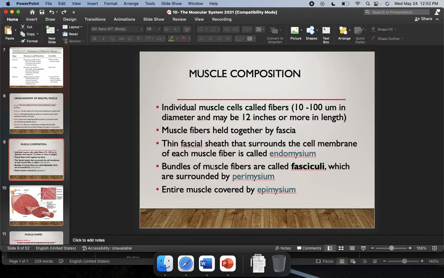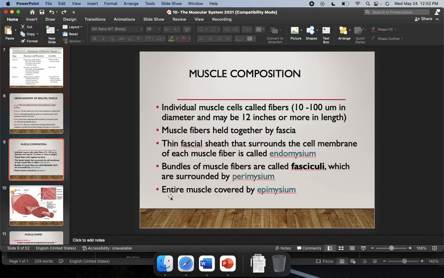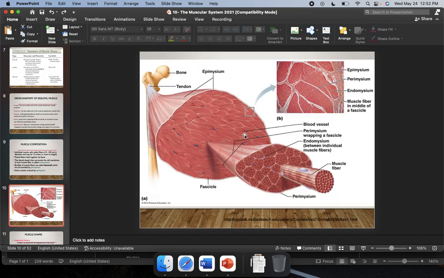Bundles of muscle fibers are called fasciculi or muscle fascicles, which are surrounded by a perimysium. And then finally, the entirety of the muscle is covered by an epimysium, or upon a muscle, an epimysium.